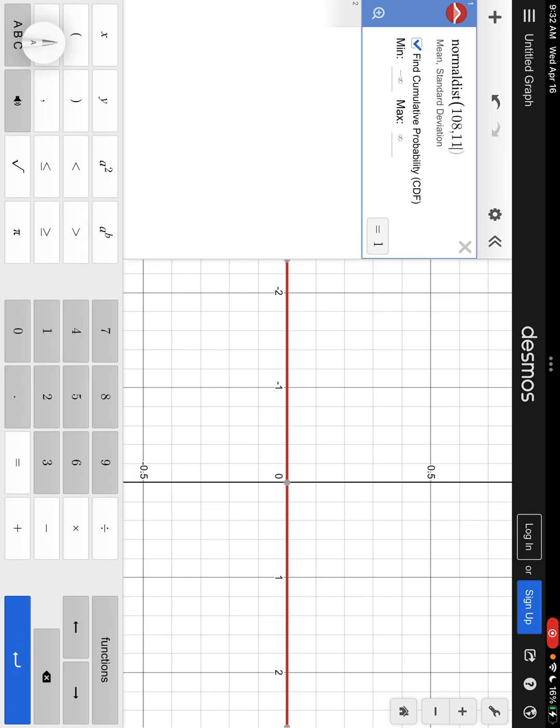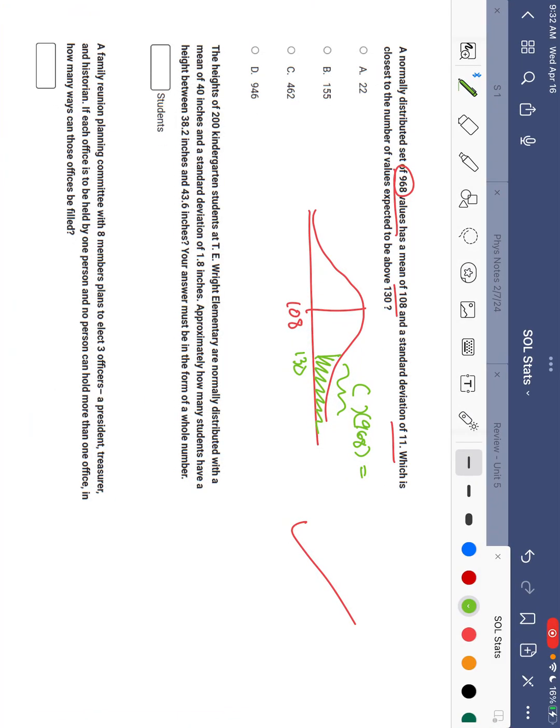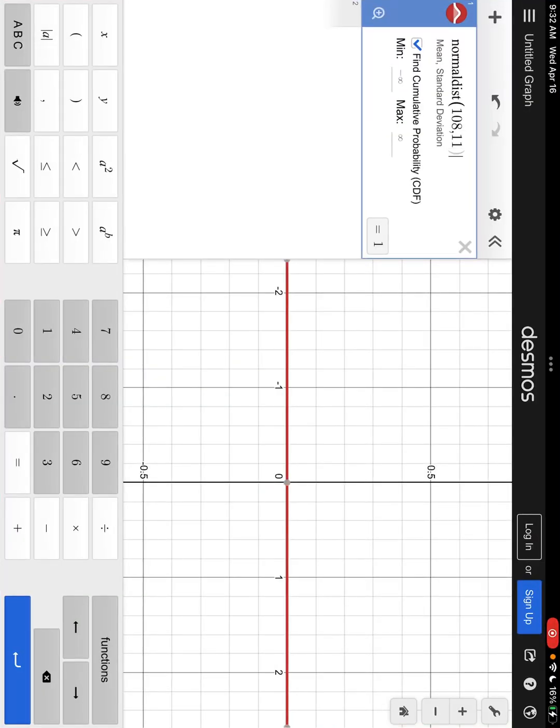All right, I want to find my probability. So 108 and 11. I want to know from 130 and above. So I'm going to go down here, 130. All right, so 0.0227, or how about 0.023?